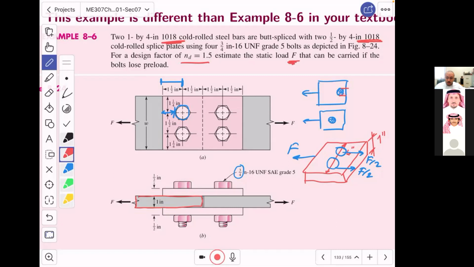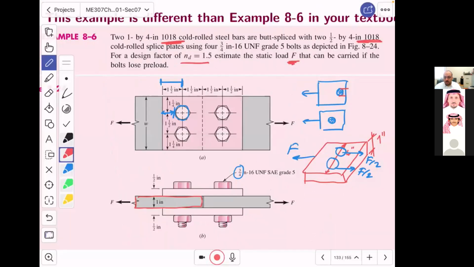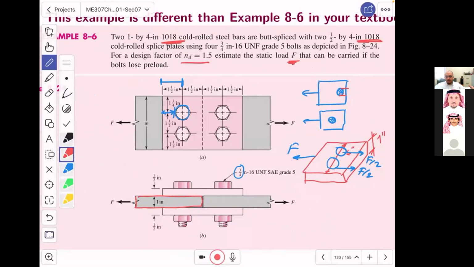This problem is similar to real life. Someone comes and tells you, I have this problem, go solve it. How much should I put F? How much is F without getting failure? Now you'll be responsible for figuring out what kind of failures can happen. And these failures, how can I treat them mathematically?